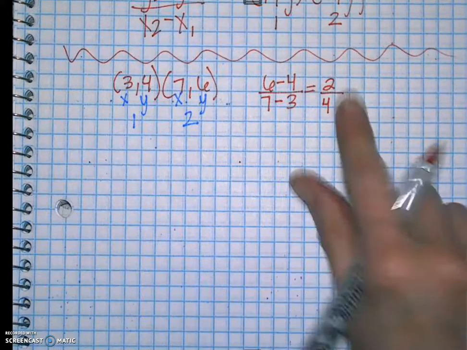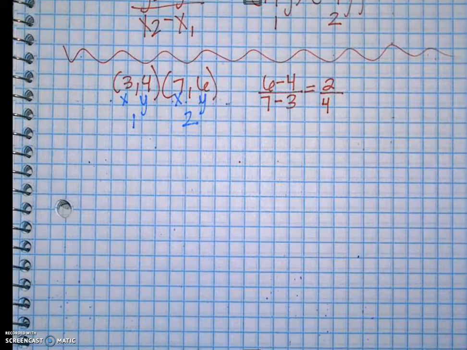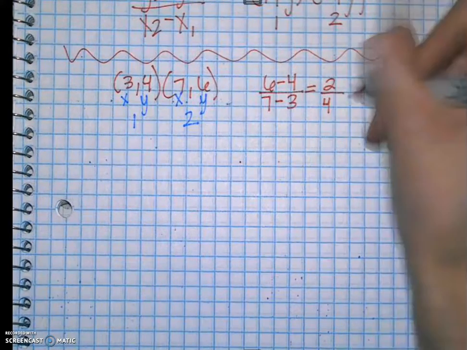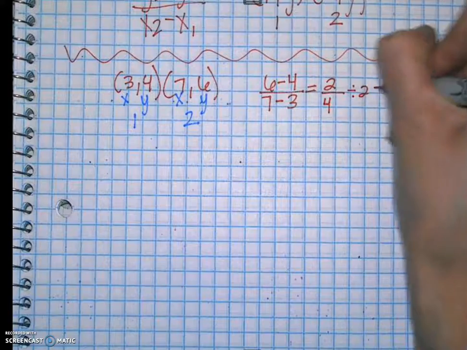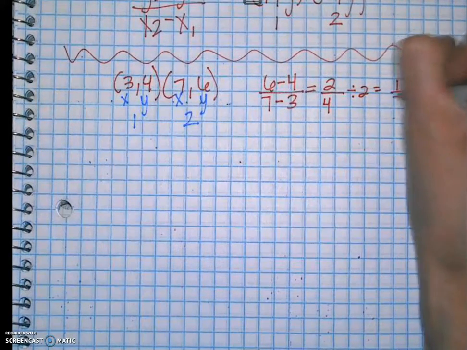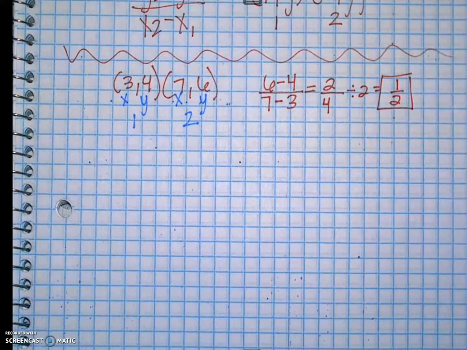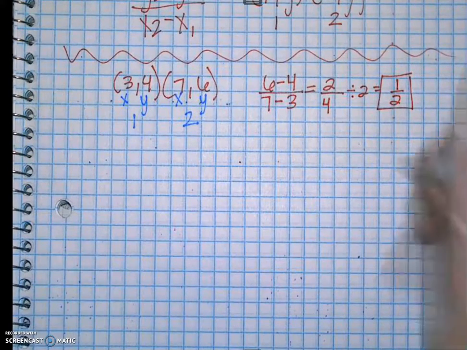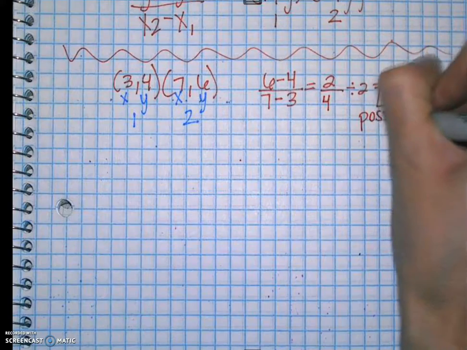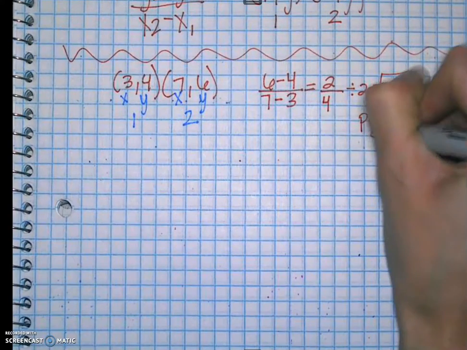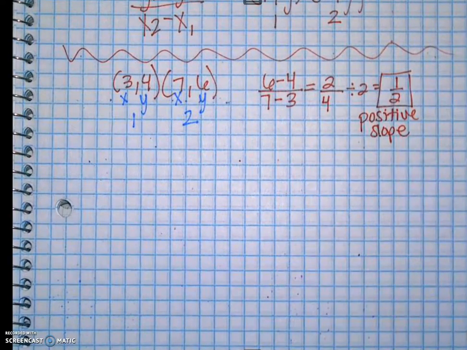Think about what you can do with 2 and 4. Yeah, you want to reduce them. So you're going to divide them both by 2, and your final answer is going to be 1/2. So that right there is your slope. It's a positive slope. Okay? So if you want to write that to help you remember, you can do that as well.